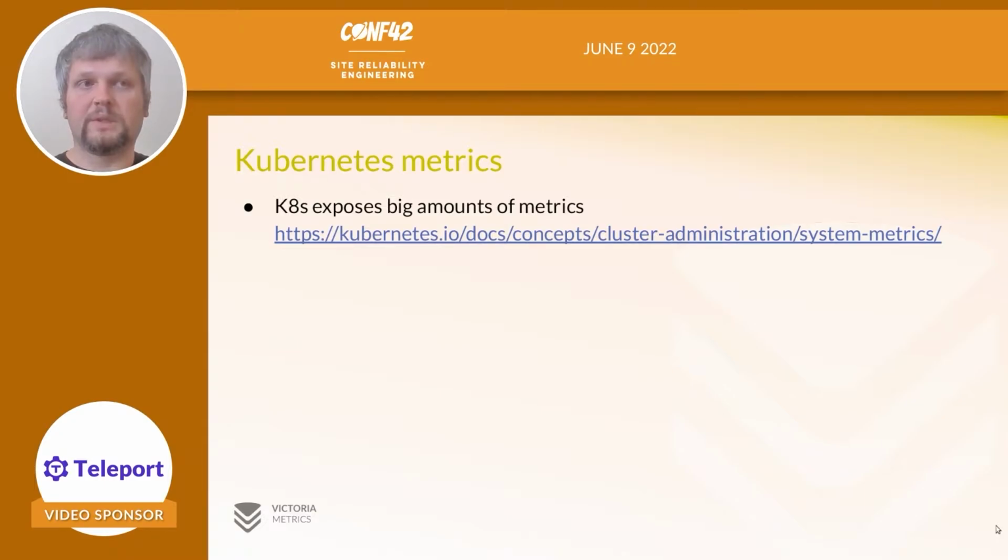The first thing is that Kubernetes exposes big amounts of metrics about itself. You can look at this link and see how many Kubernetes components expose huge amounts of metrics. And the number of these exposed metrics grows over time.